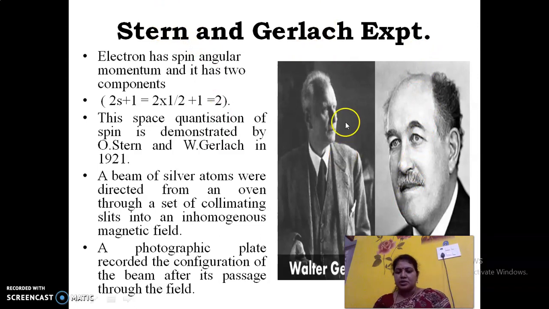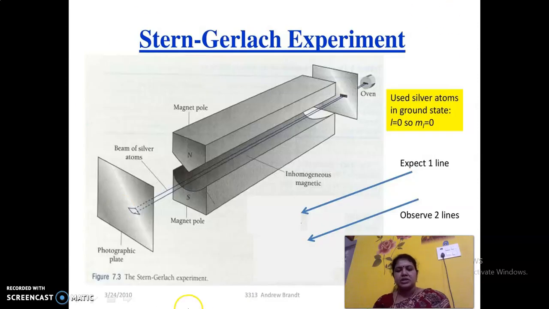It was performed by the eminent scientists O. Stern and W. Gerlach in 1921, where a beam of silver atoms were directed from an oven through a set of collimating slits into an inhomogeneous magnetic field, and a photographic plate recorded the configuration of the beam after its passage through the field. So this is the setup.